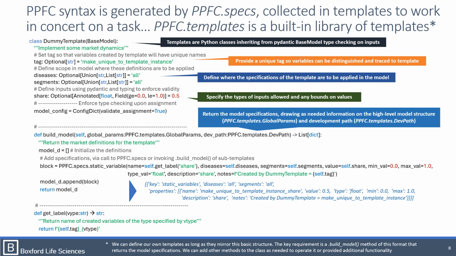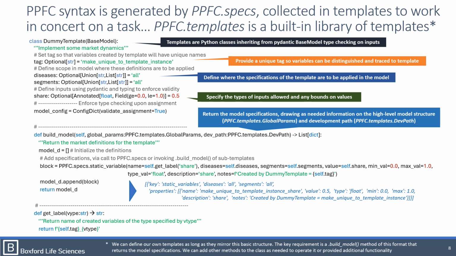Now the key functionality of every template is this build model routine that takes two pieces of information: a set of global parameters that define the high-level structure of the model, with the diseases, drugs, segments, and payers that we're modeling, and a development path, which has all the different stages and states of clinical development and market evolution.